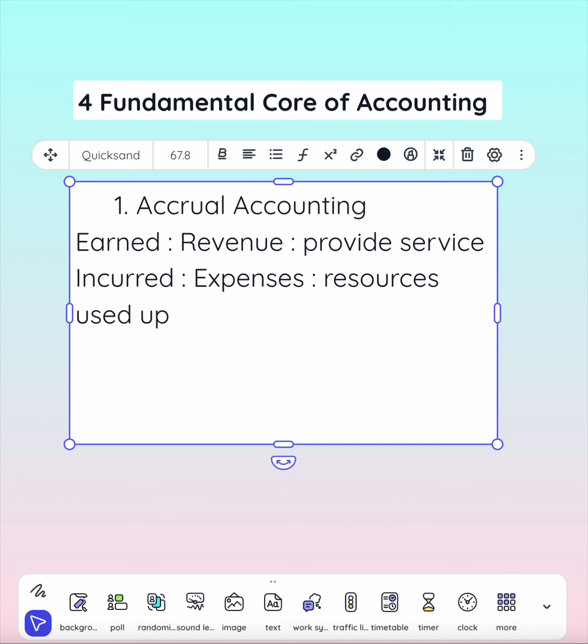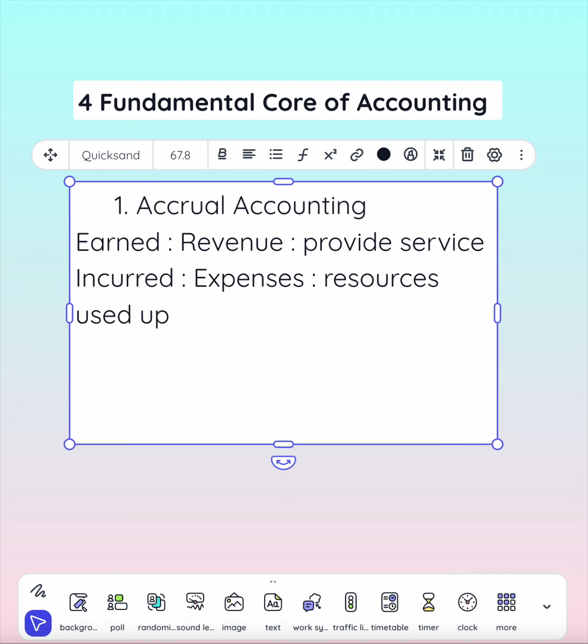It's simple but less accurate. For example, service provided in December, payment received in January: in cash accounting the revenue is recorded in January, not December when it actually happened. This way accrual accounting is more accurate. It gives you a true picture of when the specific transactions actually happened.